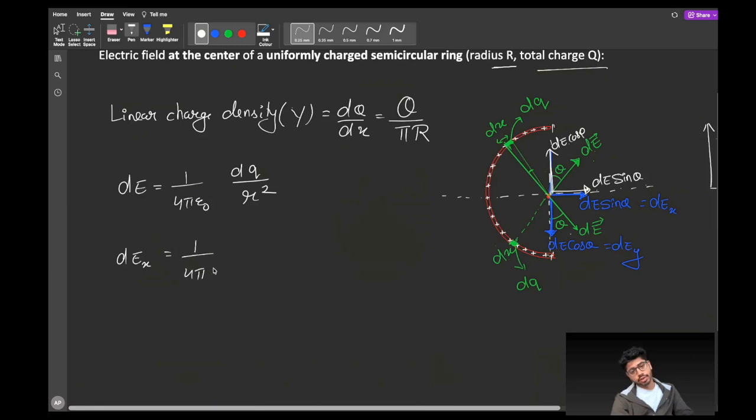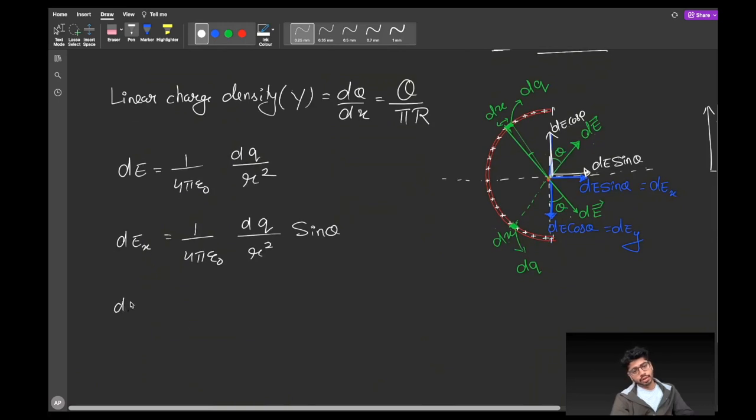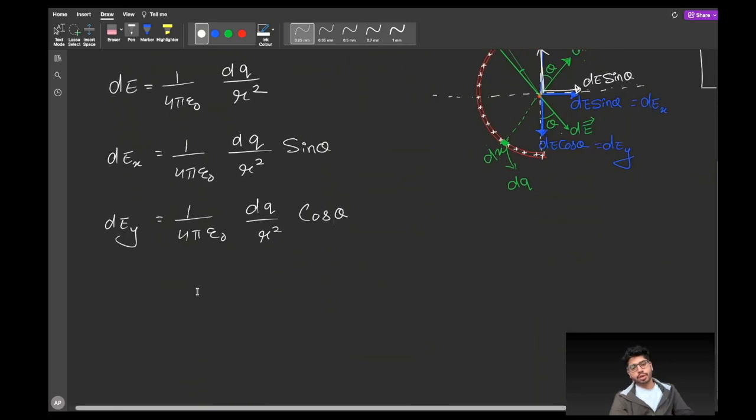In the x direction, it is going to be dq by r square times sine theta. And in the y direction, the element is going to come out like this, with the cos theta component. Now we have the x component and y component of the electric field.